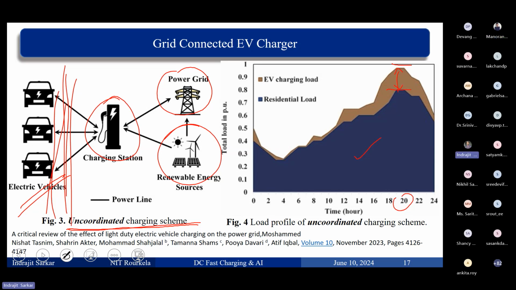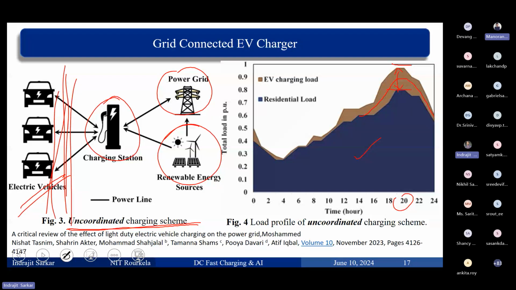When it is hot summer and a significant number of homes are using AC, on top of it you are putting this EV load. Now let's say the peak because of AC is here, and again you have to cater to this load.